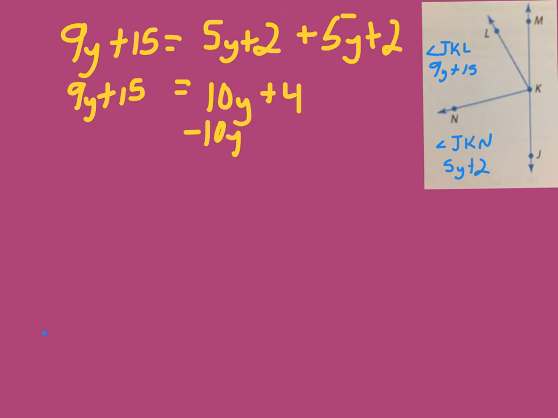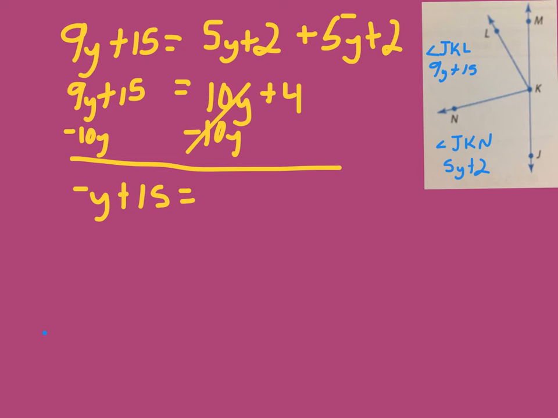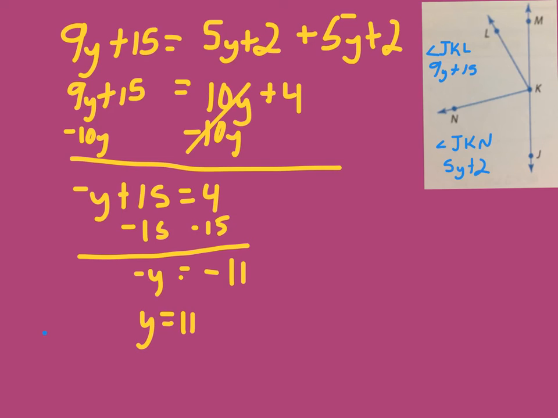I'm going to get negative y plus 15 equals 4. Let's subtract 15 from each side. And we're going to get negative 11 equals negative y. Then we divide by negative 1 and get y equals 11. Awesome. We're done.